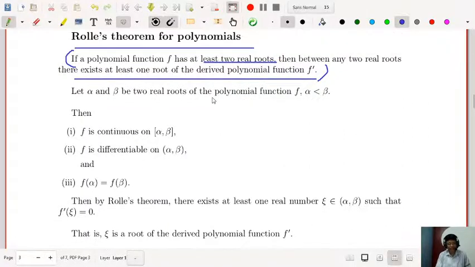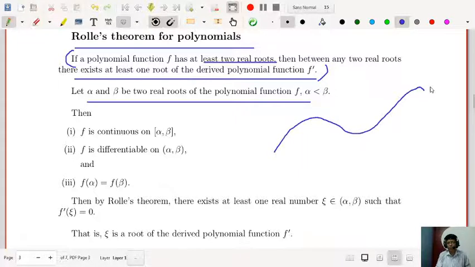Let us explain that. Let alpha, beta be 2 real roots of polynomial function f, and alpha less than beta. Suppose the blue line is the polynomial f(x). f is continuous in the closed interval [alpha, beta], and f is differentiable on (alpha, beta), clearly, as this is a polynomial.